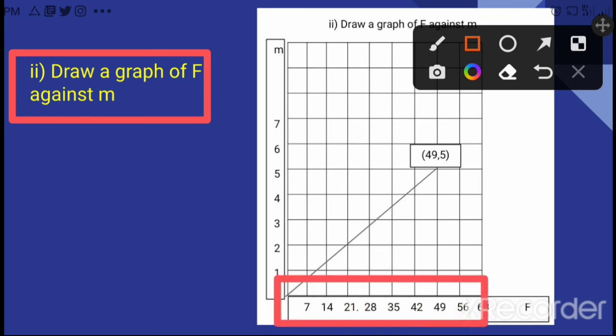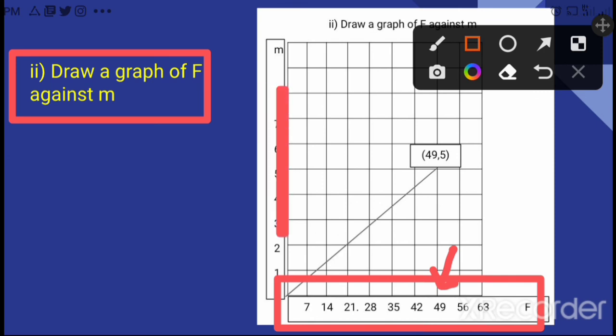Here, the value given in the question for F is 49. And on the y-axis, we will draw the values of M, mass, starting from 1 to 7.